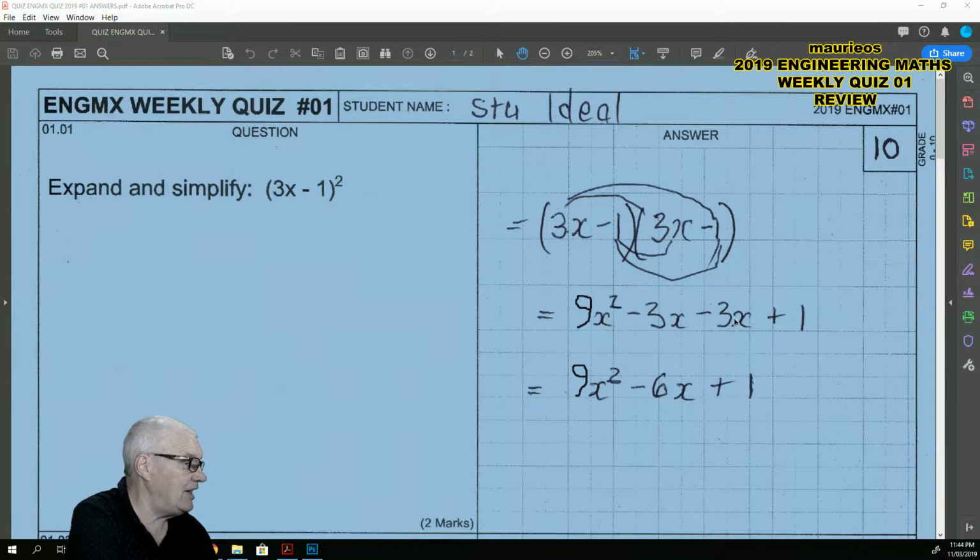Now 9x squared, we can't simplify, but the negative 3x here, we can simplify, and that becomes negative 6x. We've got negative 3x and another lot of them, two lots of them, negative 6x plus 1. And that there is question 1, all sorted.